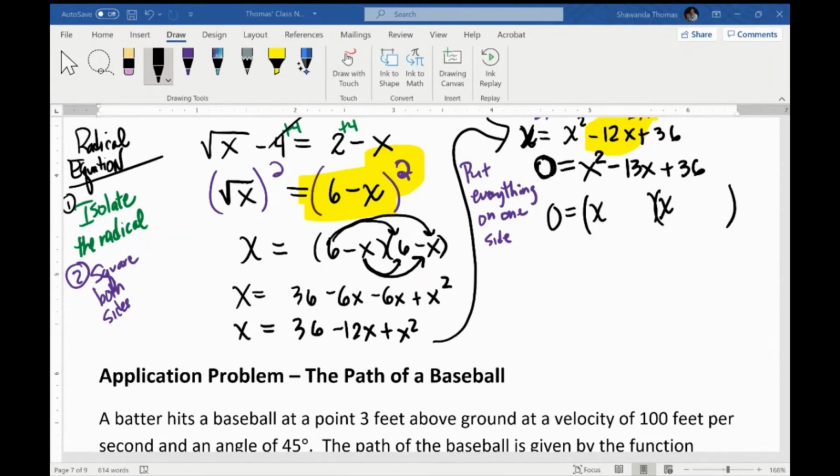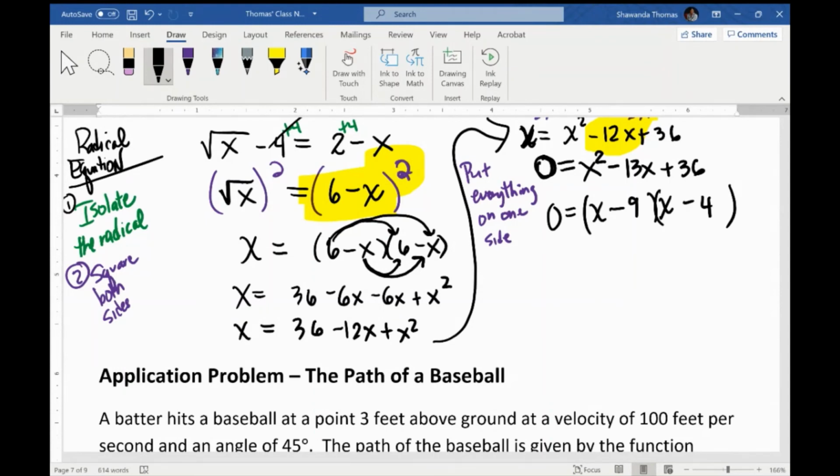What are two factors, that is, if I multiply them, I get 36, but if I add the two factors, I get negative 13? Negative 9, negative 4. Very nice, Justin. Negative 9 times negative 4 is positive 36, and negative 9 plus negative 4 is negative 13.